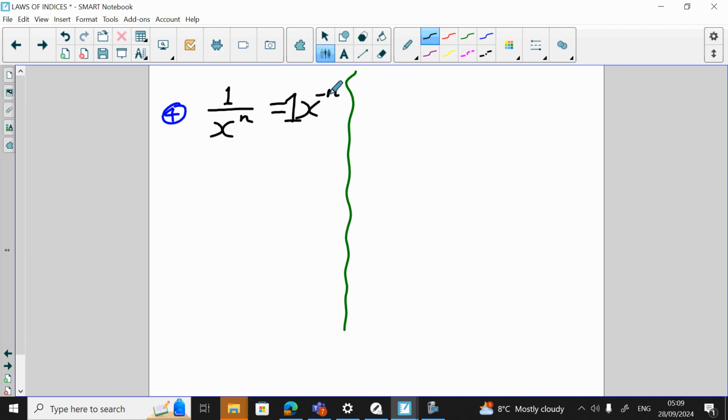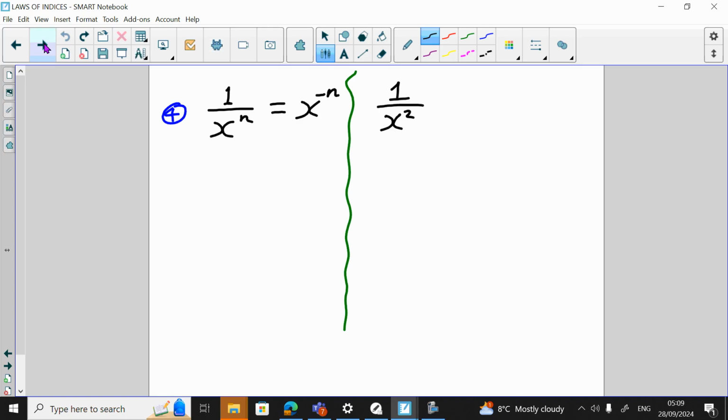The 1 is still there. It's 1 times x. But the thing is, 1 times anything is the anything. So that's why it doesn't appear in that situation there.